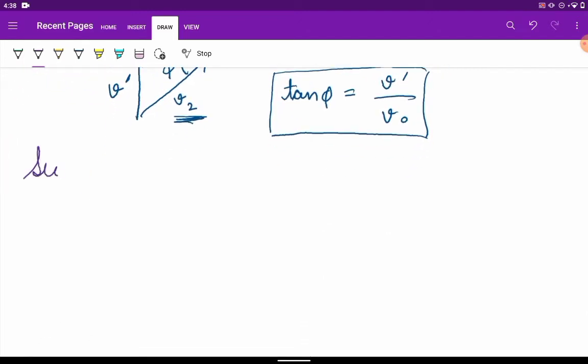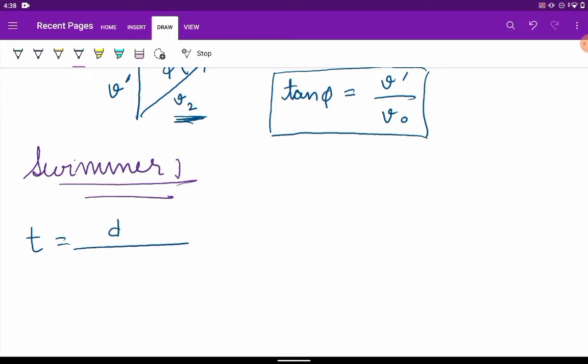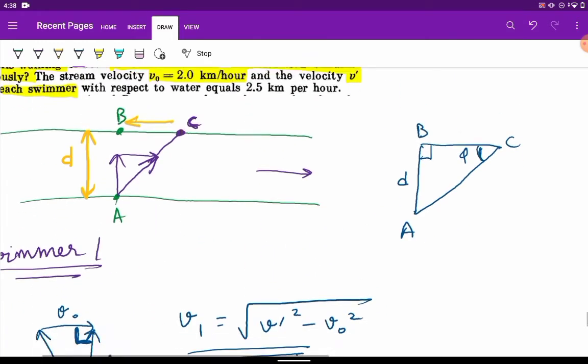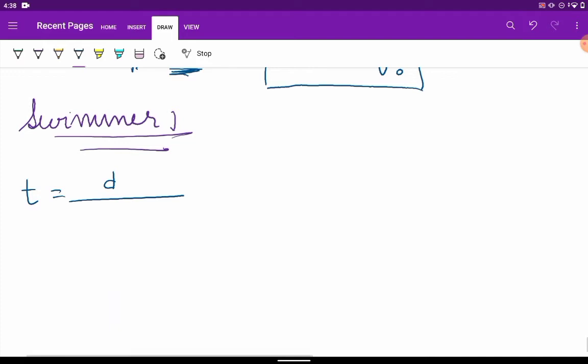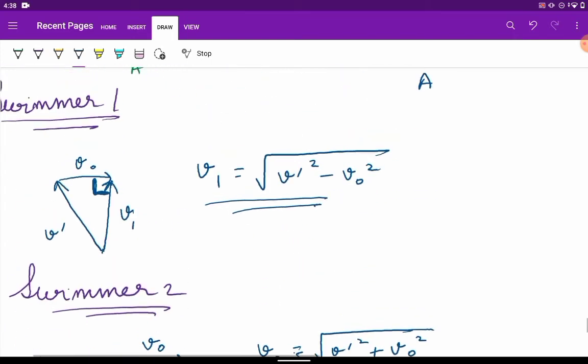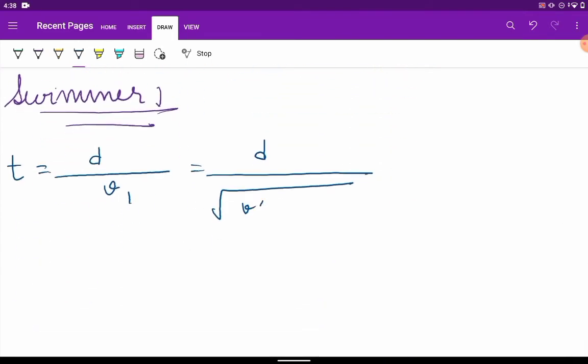Once again, for swimmer 1, the time taken, which is t, is equal to distance over speed. The distance is d from A to B divided by v1, which is root over v dash square minus v naught square. For completeness I'll write it as v1, which becomes d by root over v dash square minus v naught square.